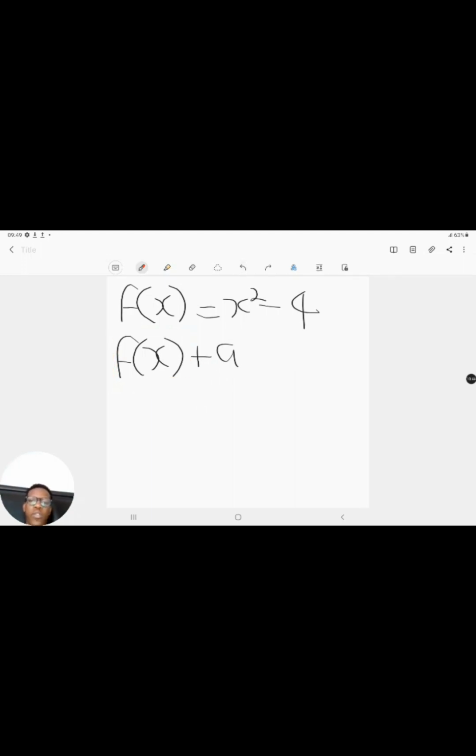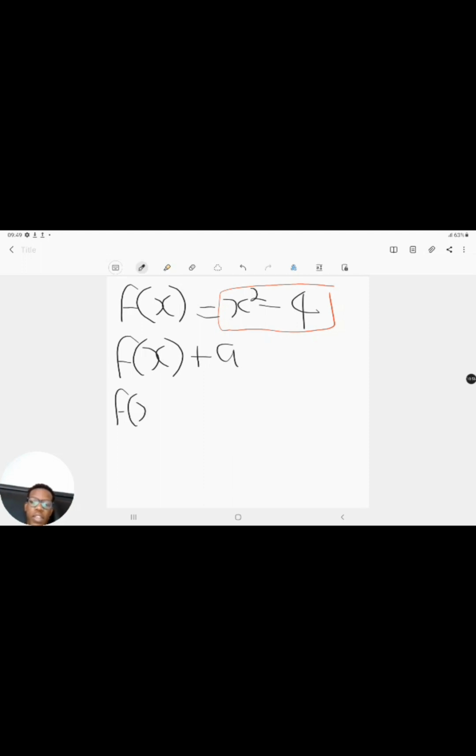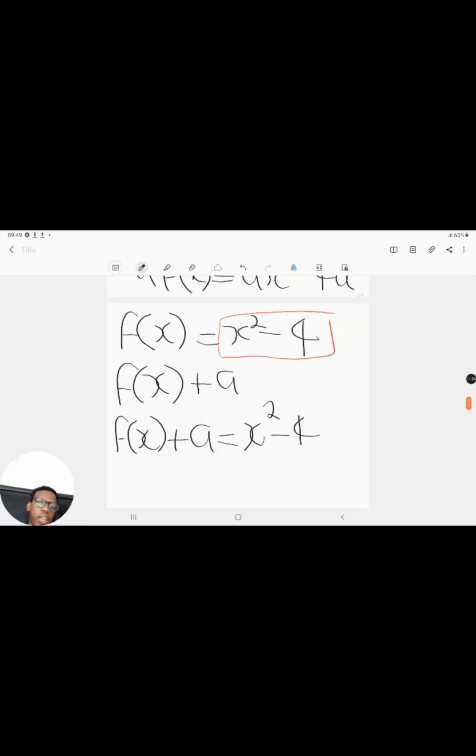We know that f of x is equal to x squared minus 4. So f of x plus a is equal to x squared minus 4 plus a, and that is your answer.